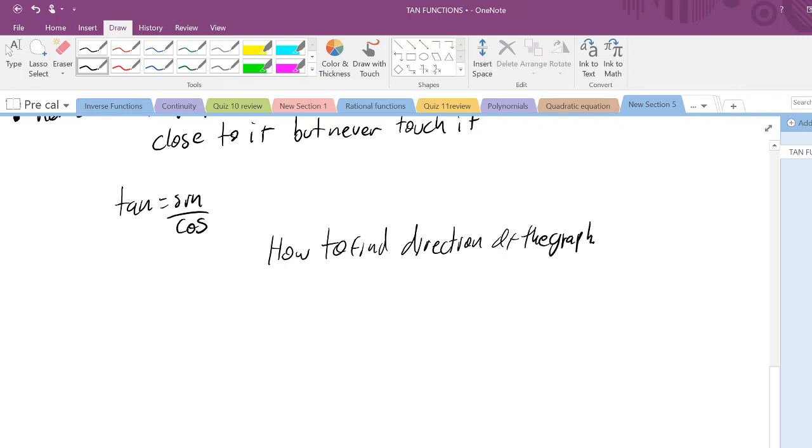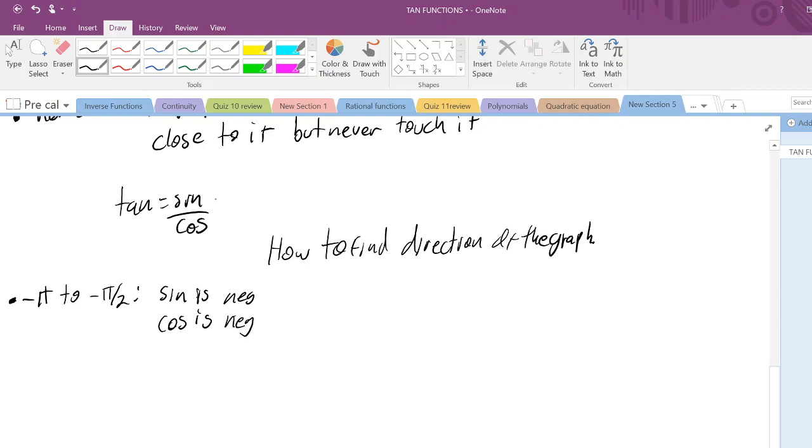The first interval that we need to know is from negative pi to negative pi over 2. We have that sine is negative, cosine is negative.